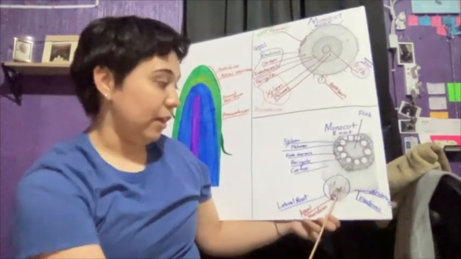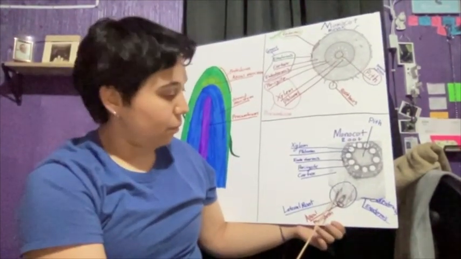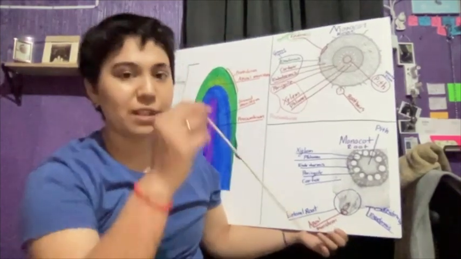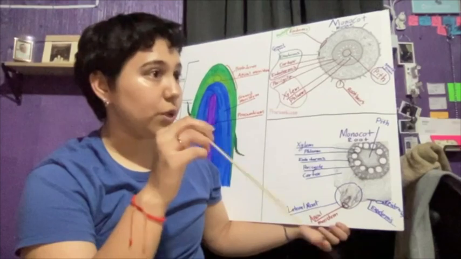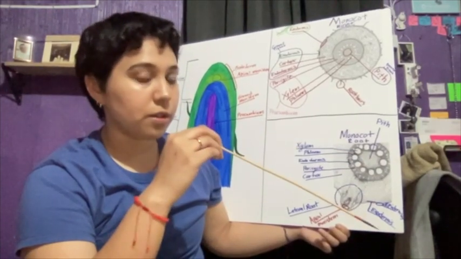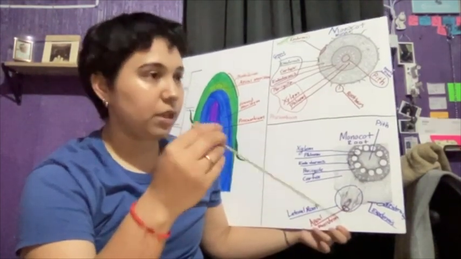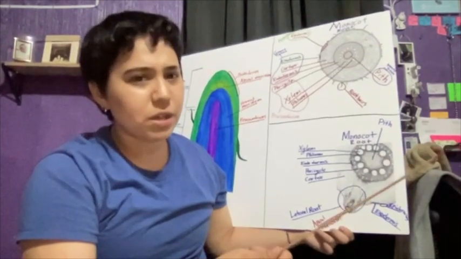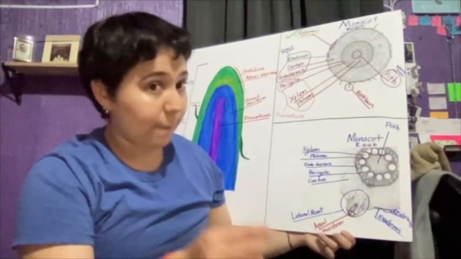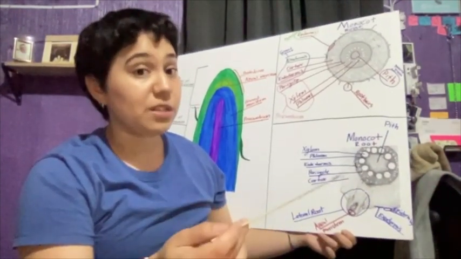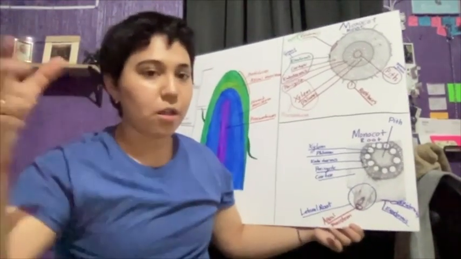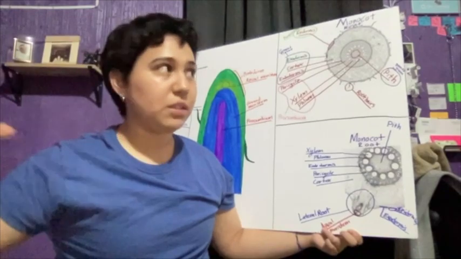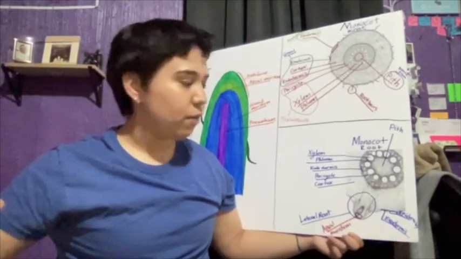The function of the lateral root is to create more area and more structures underneath the ground to help with anchorage and to absorb more water and nutrients from the ground. It helps the root cover a lot more ground.